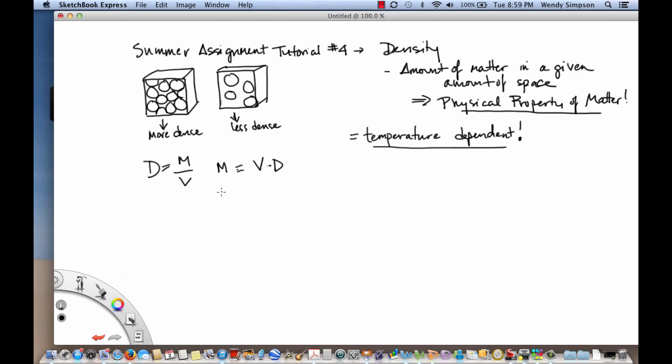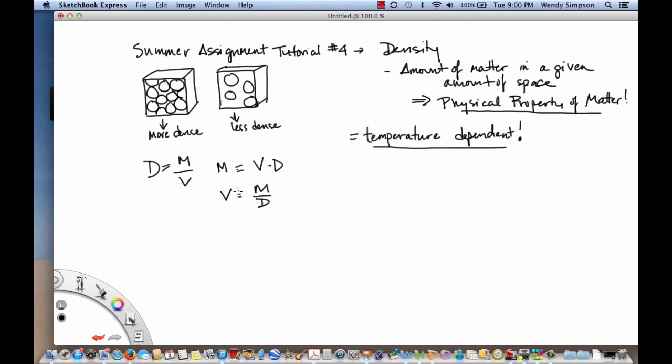I can also solve for volume by dividing both sides by density, and volume then would equal mass divided by density. So you should be able to manipulate this equation to solve for not only density but mass or volume as well.